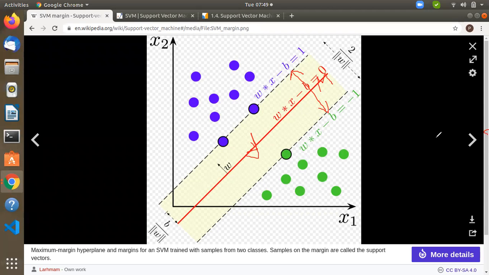This is the margin. The margin is defined by 2 by the norm of w.